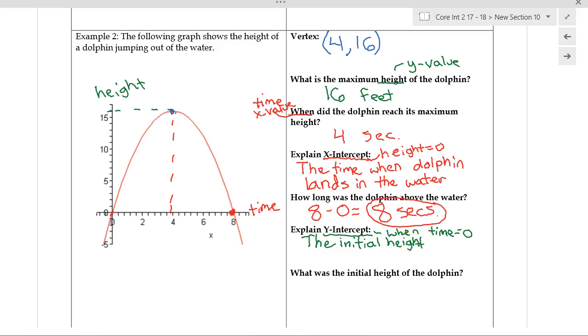So the initial height the dolphin started from. So here, where it crosses this axis, my initial height is 0. So 0 feet above the water.